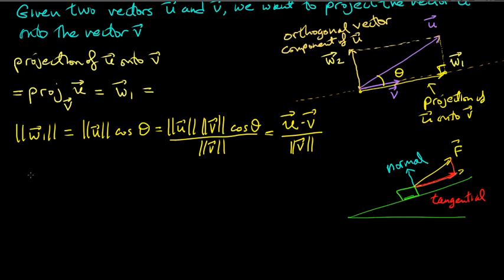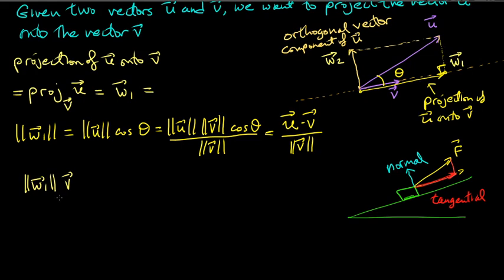So if I just multiply the magnitude of W1 times V, well, then I get a vector that points along that direction, the direction of V. The problem is that V might not be a unit vector. So if the magnitude of V is, say, 2, then you're actually doubling the magnitude that we want, right? So we're not getting the same vector with the same magnitude as W1.